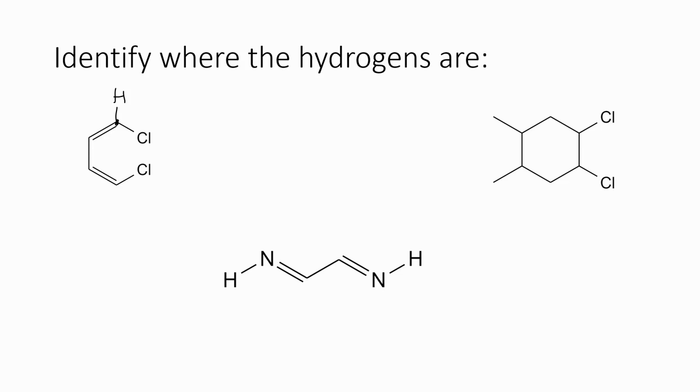Okay, how about this one? 1. So we have 1, 2, 3 bonds. The 4th one is that invisible hydrogen. Okay, how about this one? Also 1. 1, 2, 3 bonds. The 4th one is our hydrogen. How about this one? Also 1. We have chlorine, 2 carbon bonds. The other one's hydrogen.